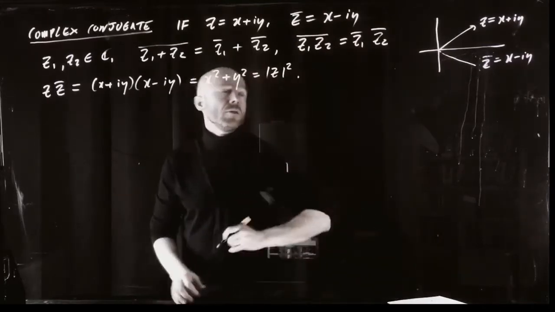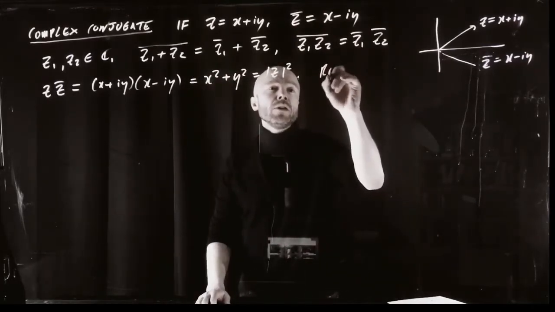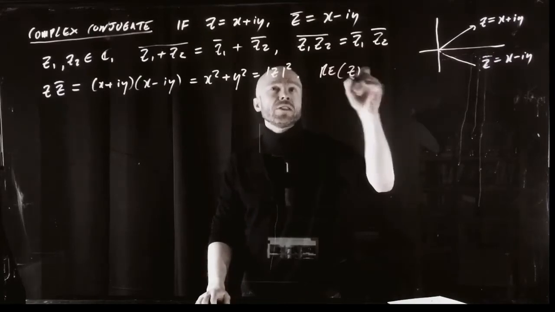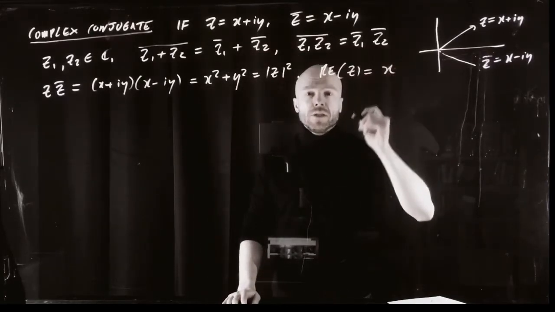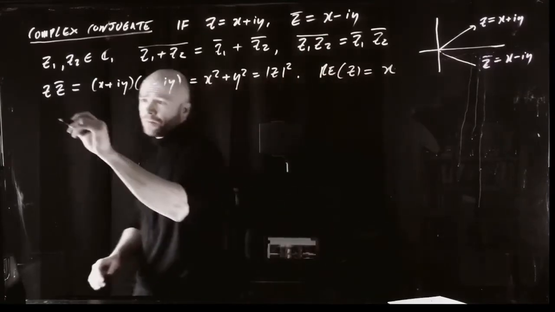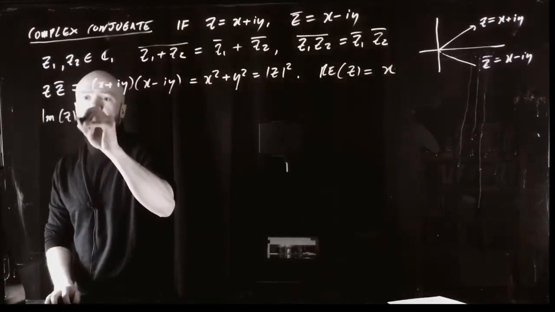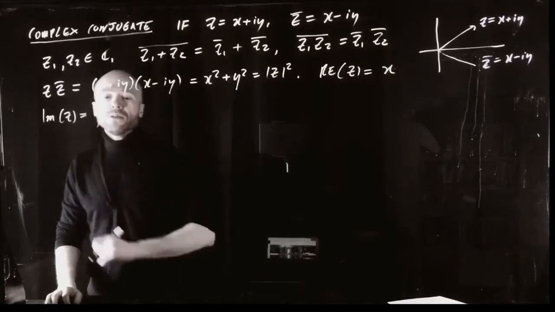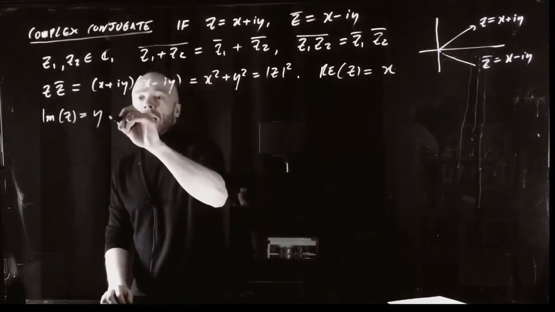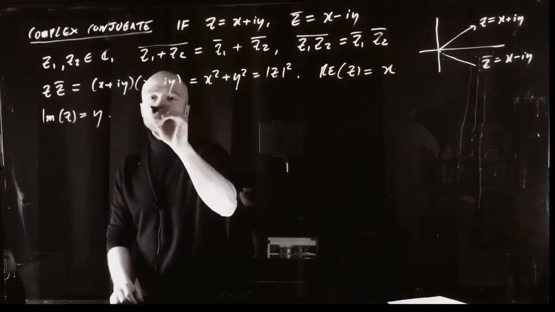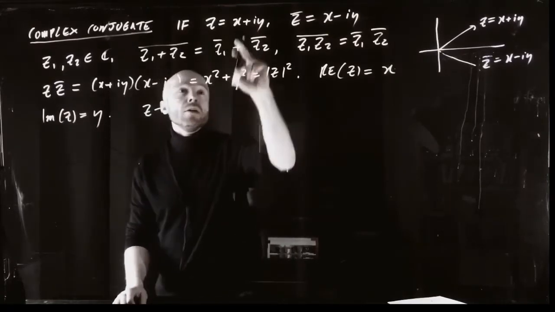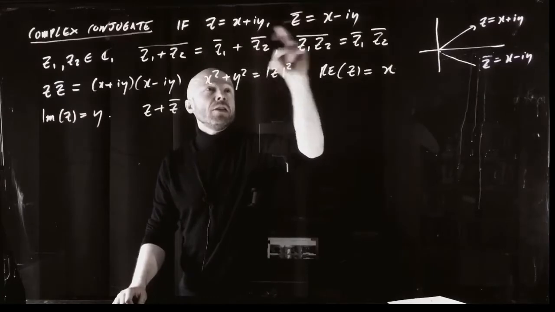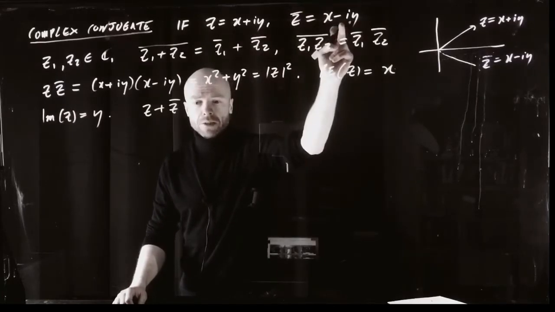Here's some definitions. We say that the real part of this complex number z, which again is x plus iy, is just the x. And the imaginary part of z is just the y. Okay, and another easy algebraic fact is that if we add together z and its complex conjugate, we see that the iy thing will cancel, right?